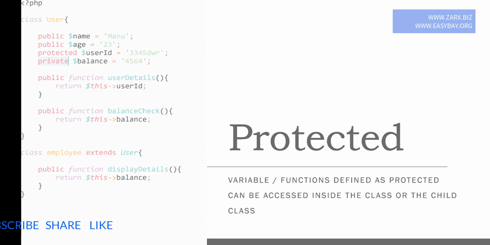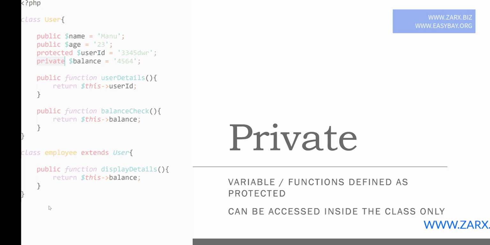So you can see that here I have a user class, and there is an employee class which is extending user class. So here we can use the protected method. But if you are going to use protected method or variable outside of these two classes, then it's not going to work. Then we have private. Private is something that can be accessed only inside the class.